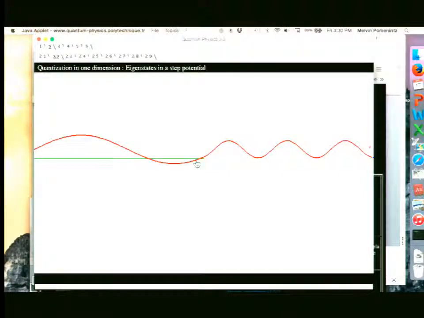Okay. So in quantum terms, because the kinetic energy is high, the wavelength is short over here. But once it starts rolling up the hill, it slows down. As it rides up the hill, it slows down even more, and the wavelength gets longer and longer. Finally, when it gets here, it's got some kinetic energy, but not too much.